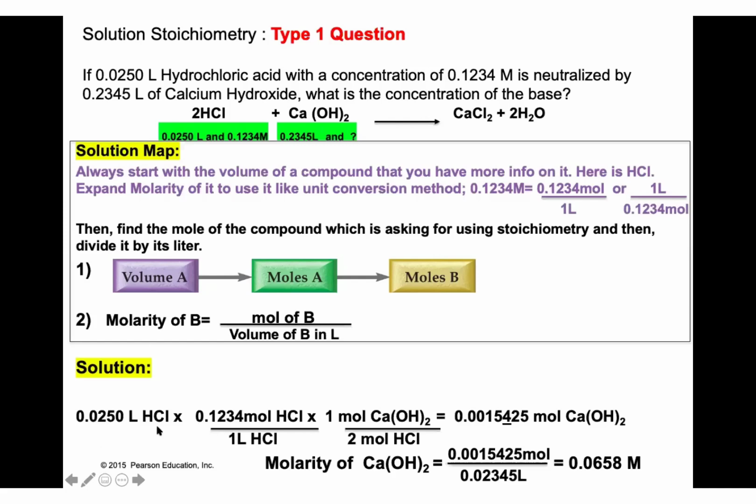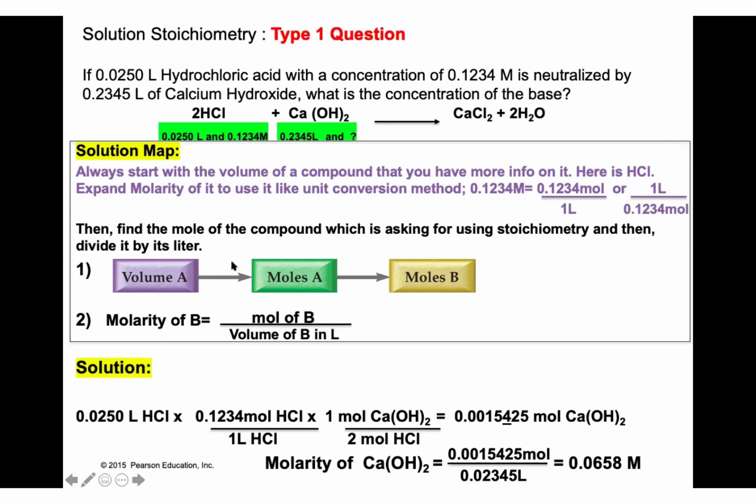How do I know which one identifies my significant figures? The smallest number of sig figs in the question. If you look here, I have 3 sig figs here, 4 sig figs here, and 4 sig figs here. So this 3 sig fig is my 3 sig fig. So I will have 3 sig figs at the end.